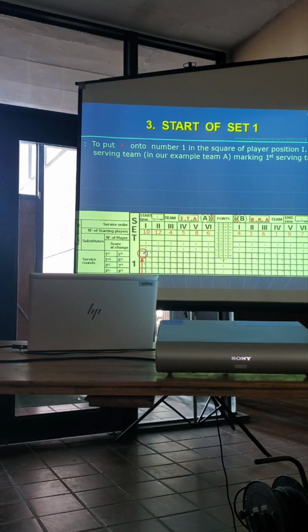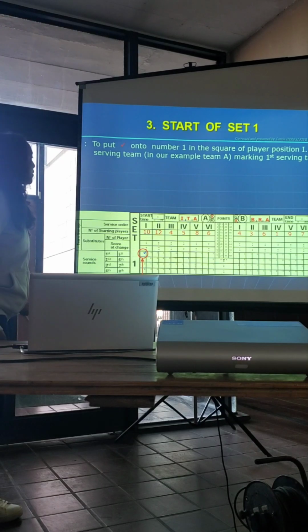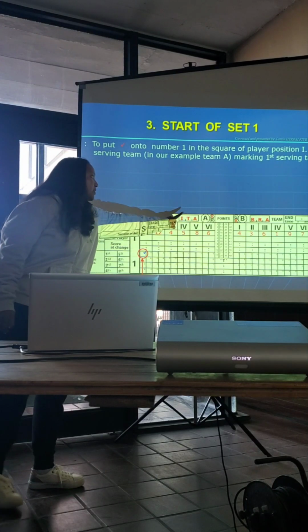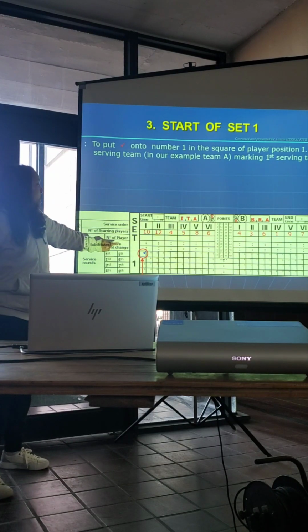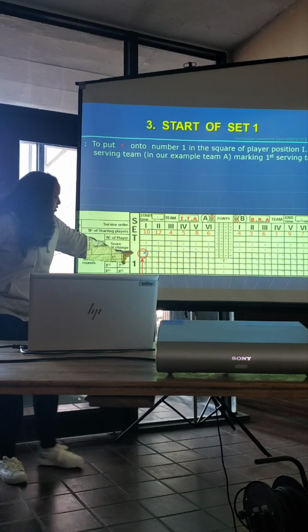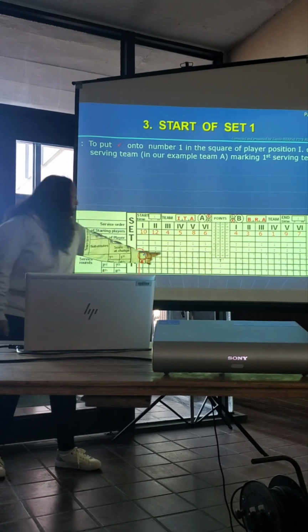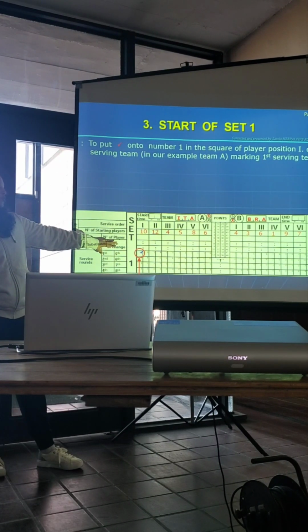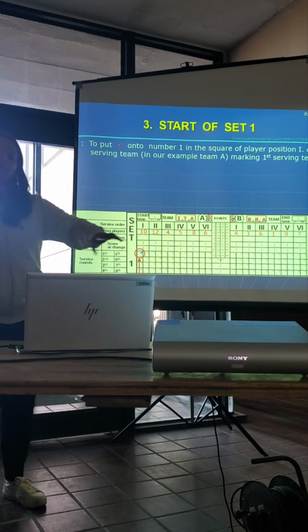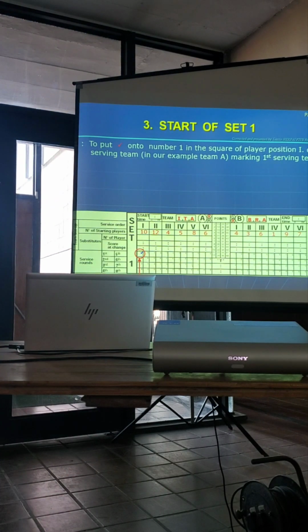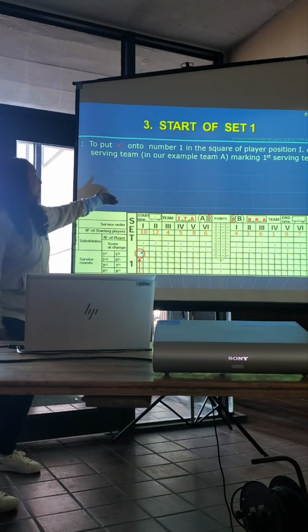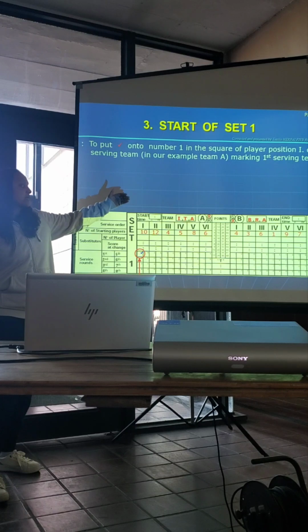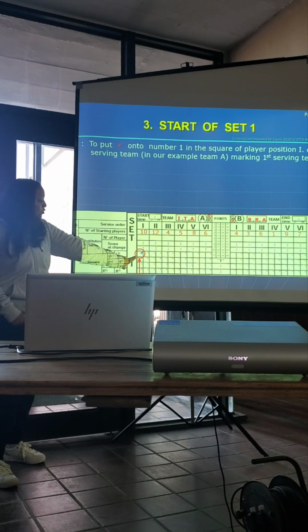Okay, so now we know that Italy is going to serve first. You also notice that there are little smaller blocks here, so that while you score and the team uses its serve, you have an opportunity to input the team's score at that point in time.